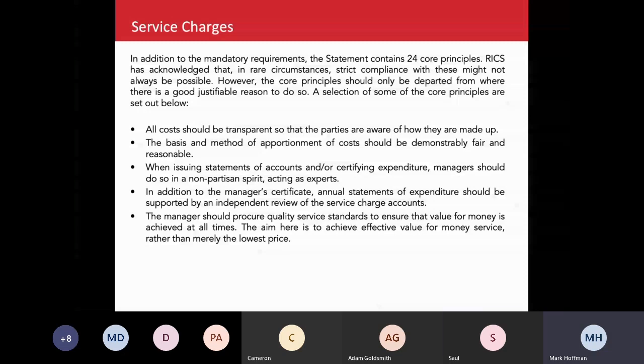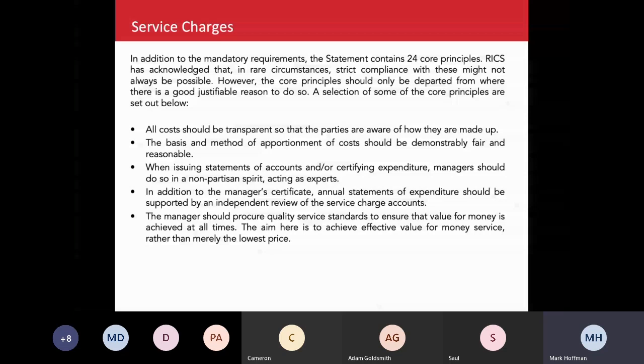All costs should be transparent so that parties are aware. Method of apportionment of costs should be demonstrably fair and reasonable. When issuing statements of accounts and or certifying expenditure, managers should do so in a non-partisan spirit, acting as experts.